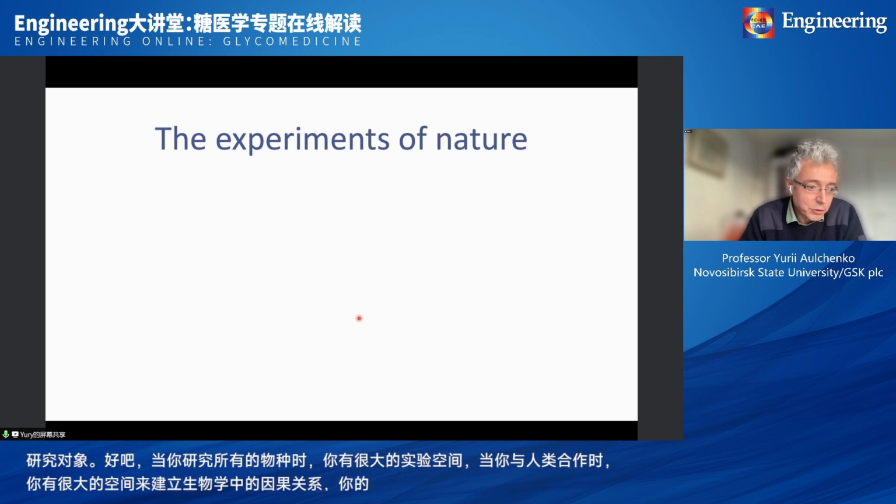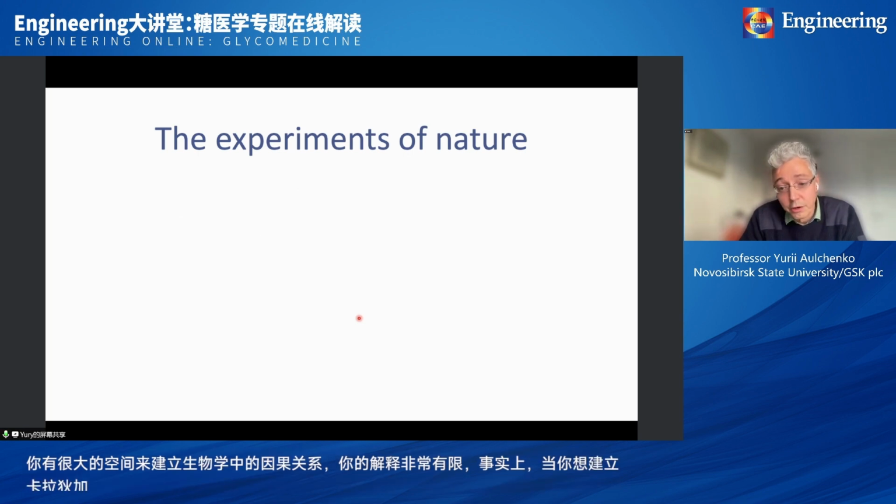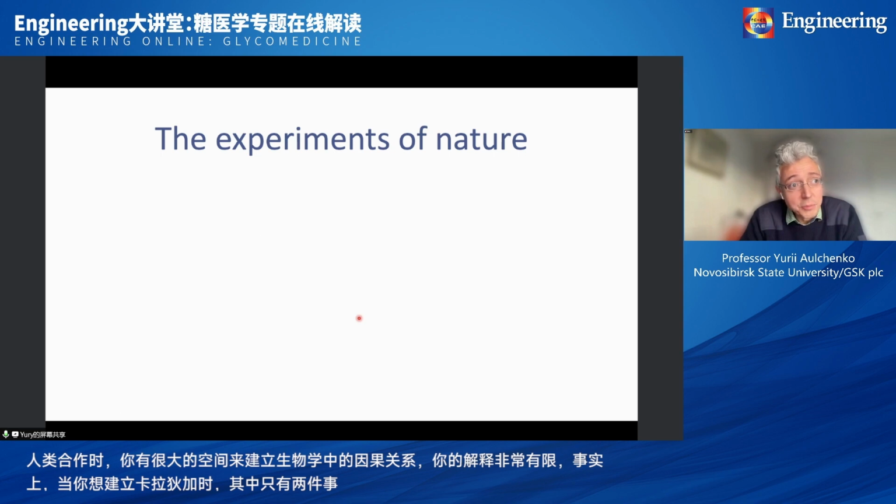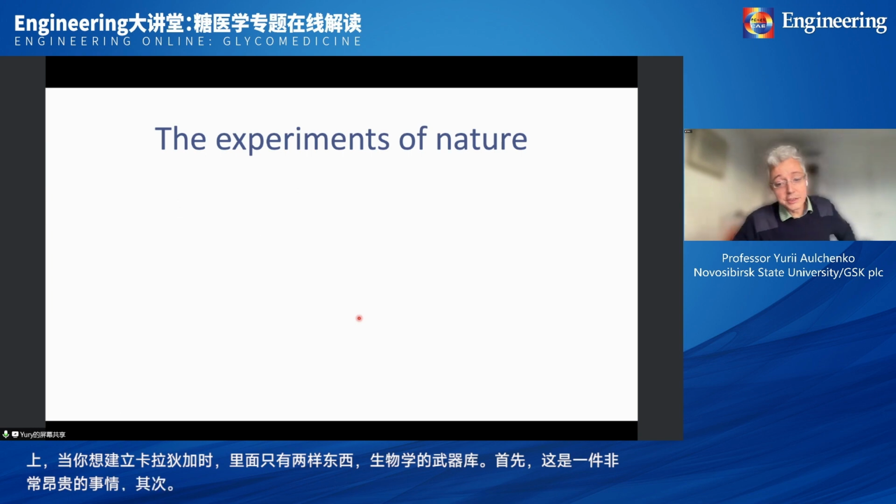And in fact, when you want to establish causality, there are only two things in the arsenal of a biologist. One thing is the randomized controlled trial. The thing is that this is a very expensive thing to do, firstly. And secondly, not every experimental modification you can think of would be liable to this technique.